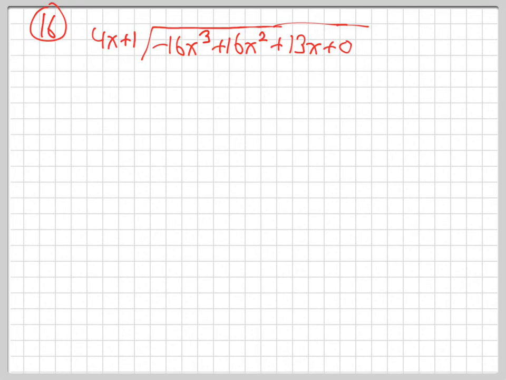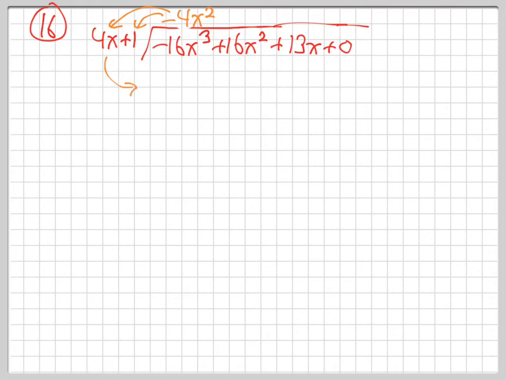Okay, so again, whatever we put up here, times the front to match the front. What times 4x will exactly match, same sign, same everything, negative 16x to the third? Well, we need negative 4x squared. And it'll multiply both those, won't it?